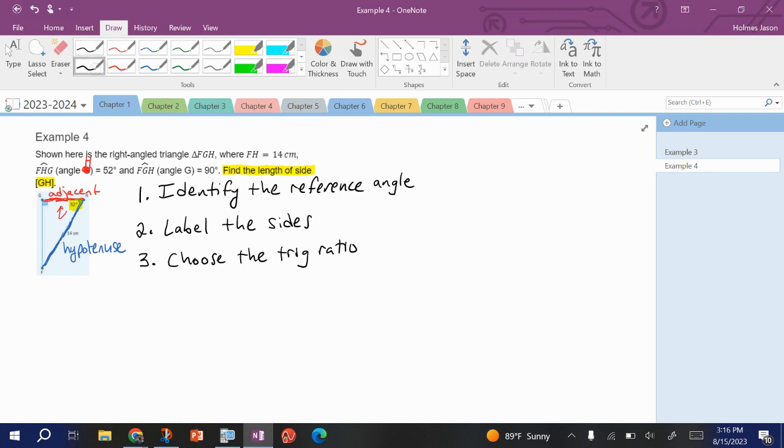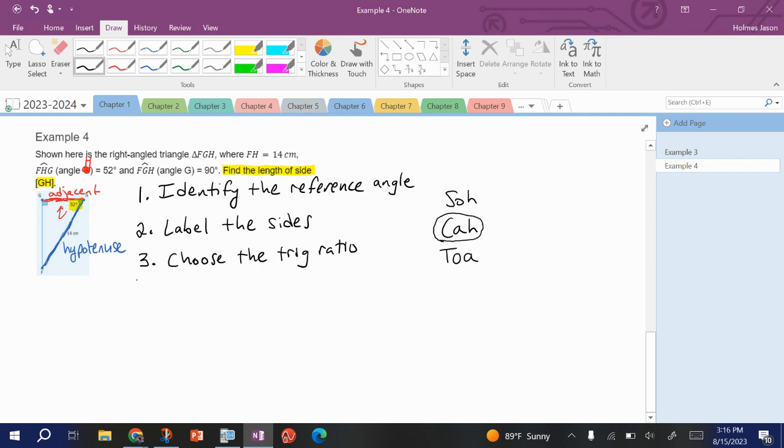Okay, so now I want to choose the correct trig ratio. And I'm thinking, of course, of sine, which is opposite and hypotenuse, cosine, which is adjacent and hypotenuse, and tangent, which is opposite and adjacent. So I've got SOHCAHTOA: sine, cosine, and tangent. The one that uses the adjacent and the hypotenuse is the cosine.